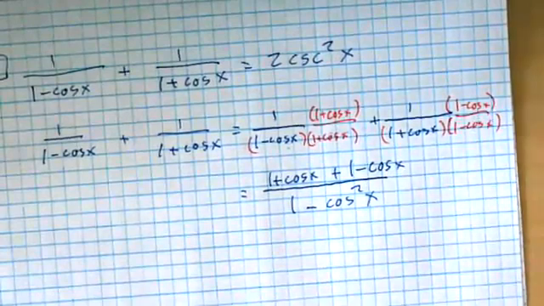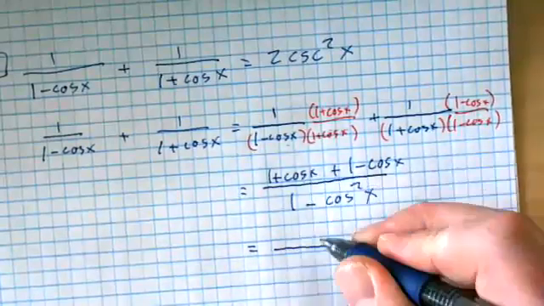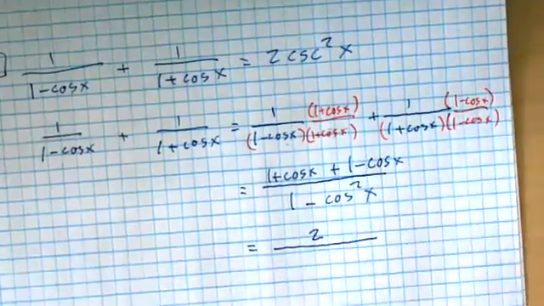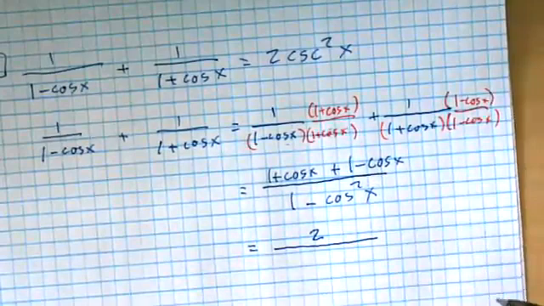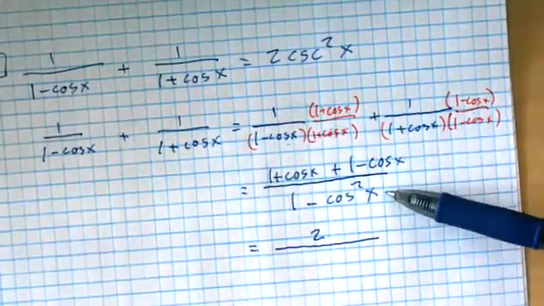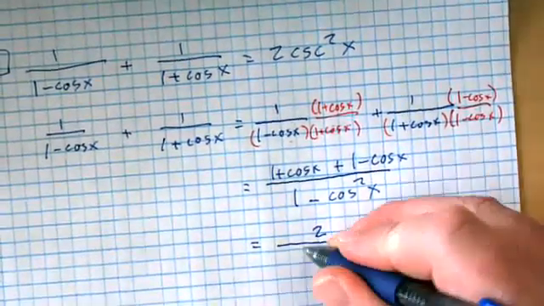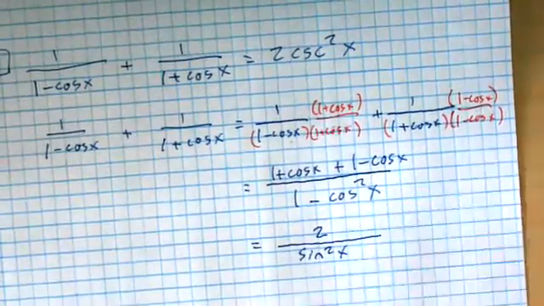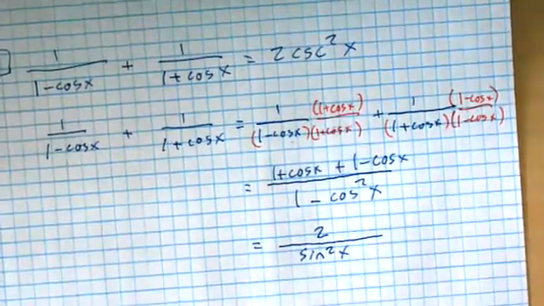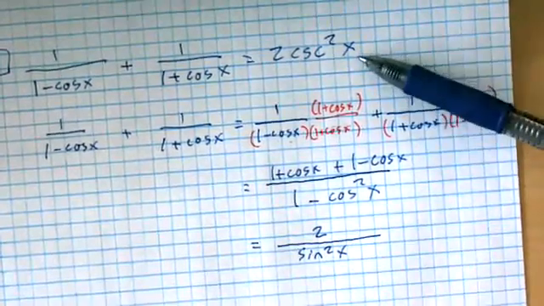And up there I see 2, and I see those cosines going away. So do a little combining like terms on the top, and we got 2. And then that's not an identity yet, so I can do an identity on this. That is 1 minus cosine squared is sine squared. And I think that gets us there, right? 2 times 1 over sine squared would be 2 cosecant squared. Yeah.